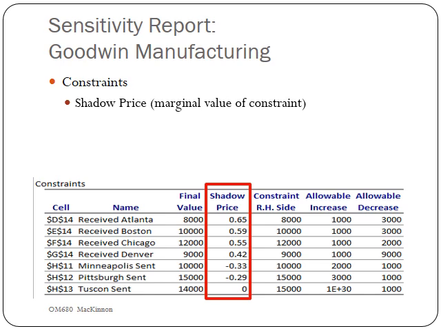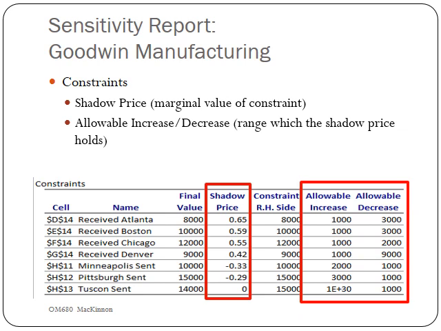So this is the value, either in increased profit or reduced costs, based on the movement of 1 unit of any of the constraints. We also have the allowable increase and decrease. This is essentially the insensitivity range for these constraints. So for example, for Atlanta, we have a demand of 8,000.